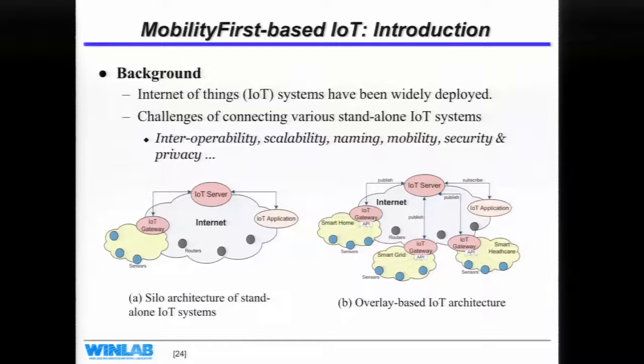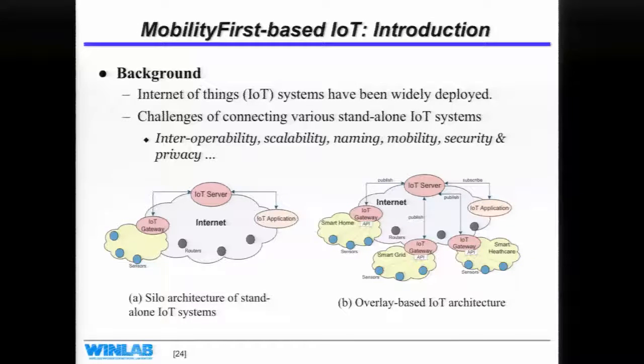The next topic I would like to talk about is the Internet of Things, IoT. This part of the work is new and you might not have seen it. The Internet of Things is a new trend and MobilityFirst would like to support it. Many current IoT systems cannot support applications seamlessly.